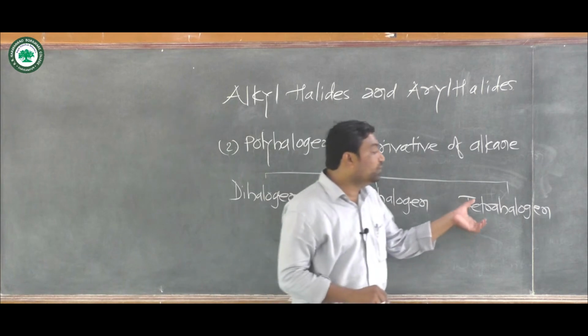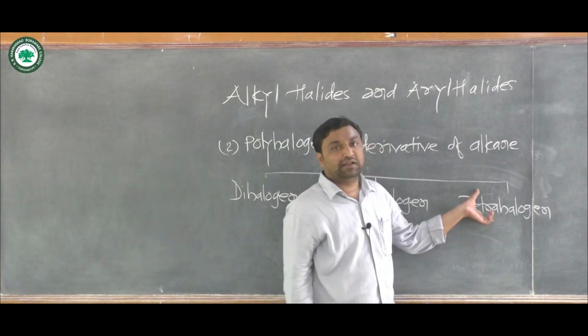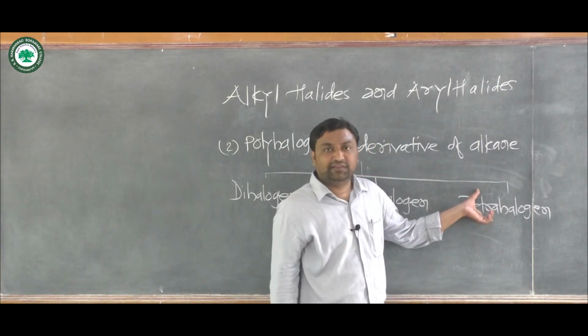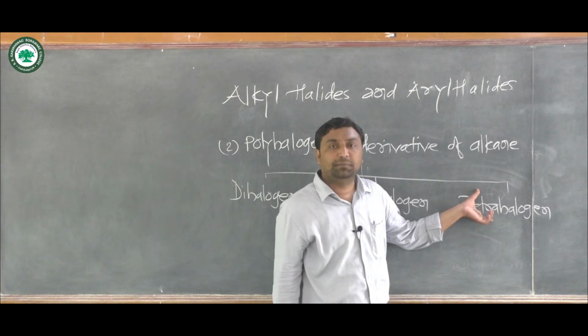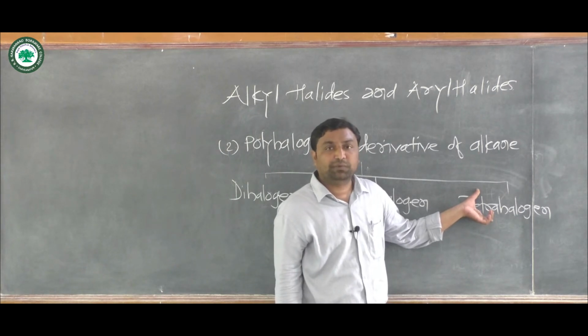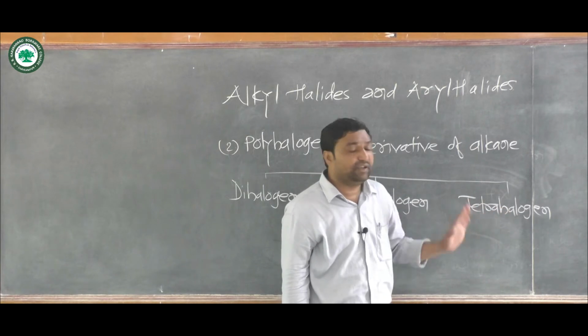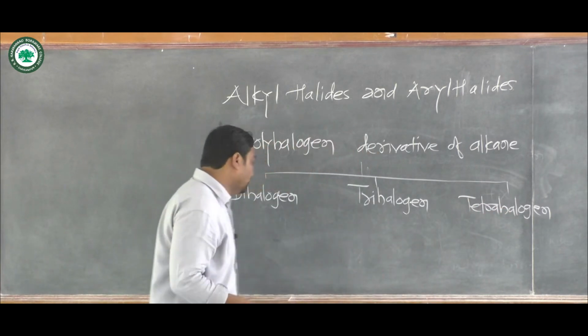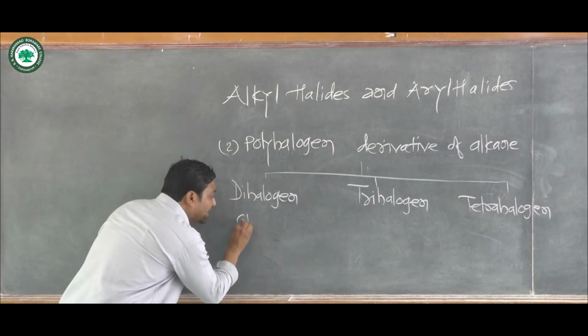Whereas if we replace 4 hydrogen atoms of alkanes by the same number of halogen atoms, we obtain tetrahalogen derivatives of alkanes.